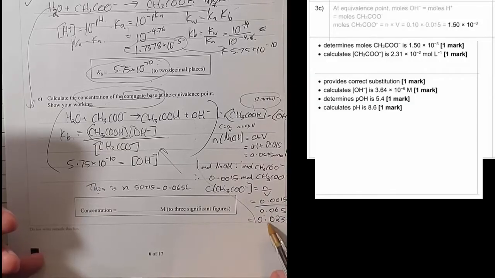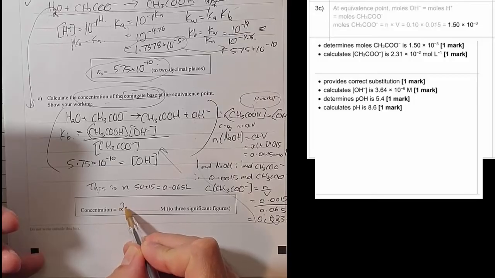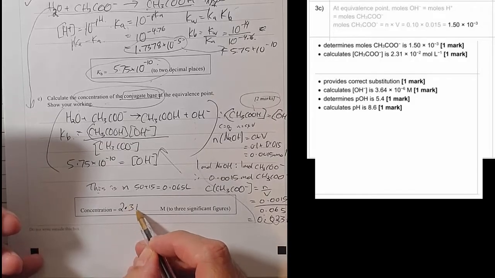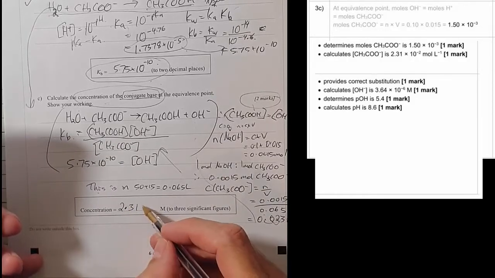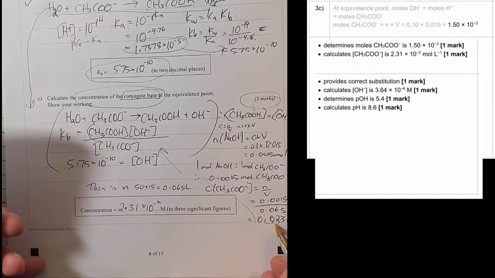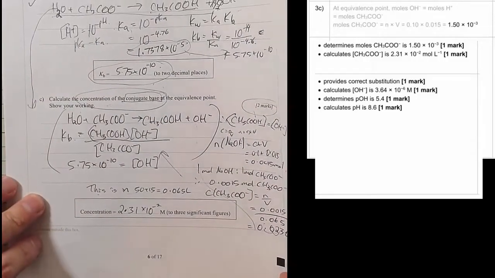So the concentration is 2.3 by 10 to the minus 2, and that's the number of moles. All right, so as you can see, it's gotten quite tricky already, and we're going to need some of that stuff over here.